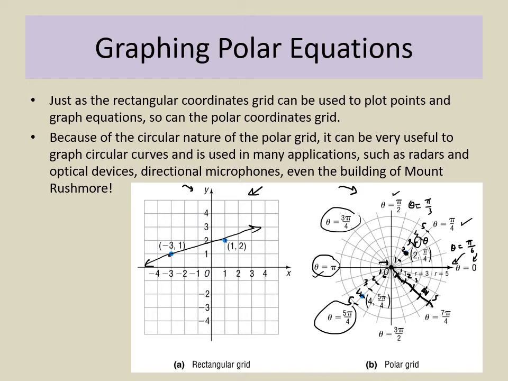Radars, for example. You know that the radar is a circular grid like this. If you ever went on a fishing boat, you know that the radars are circular, the way that they detect how much fish is in each area, or detect the bottom of the ocean, and so on.